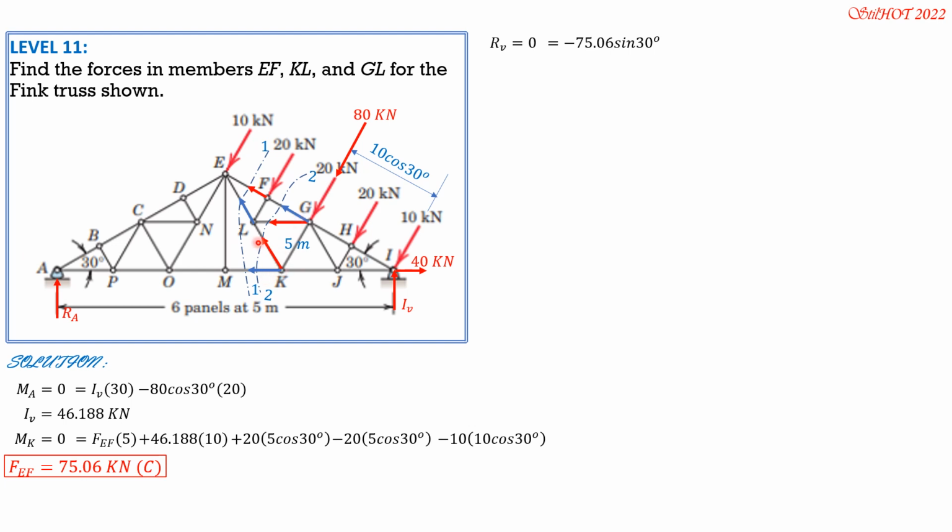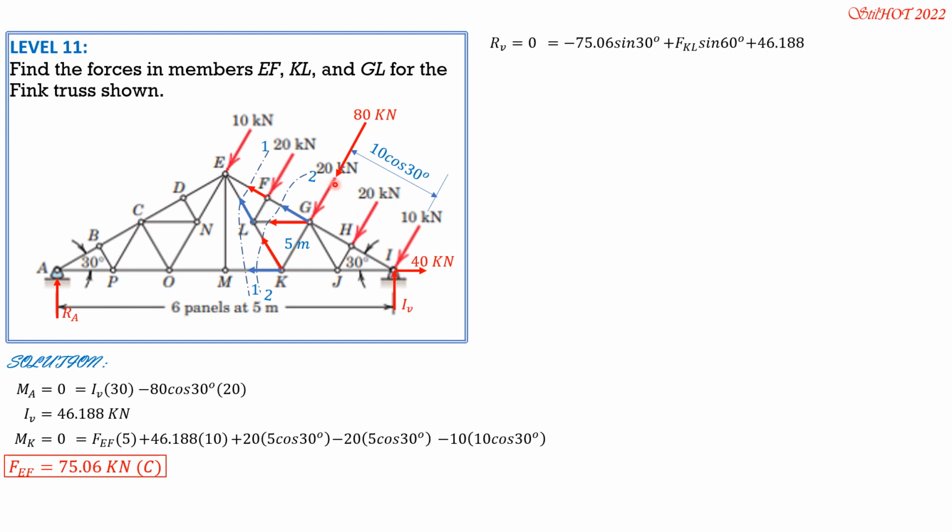Then plus FKL, this angle is 60, so plus FKL sine of 60. Then MK and GL are not involved, they are horizontal. Then let's have the forces to the right of this section. So 20, we have positive IV, which is 46.188.